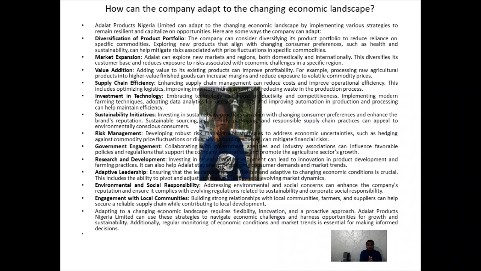Then you can talk about sustainability initiatives, in the form of ensuring that we do not damage the ecosystem around us when we are doing our farming and agricultural work. I don't want to go too technical, so I'm trying to choose my words. Then risk management.